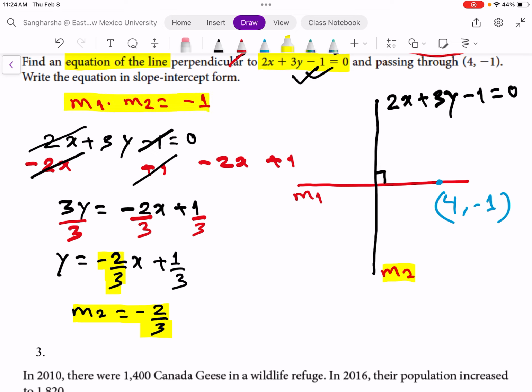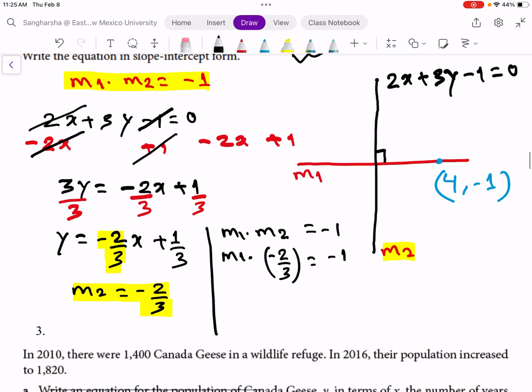Let's go back to m1 times m2. The product of the slopes of these two lines is always negative 1. We don't know the slope of the red line, but we know the slope of the black line, which is negative 2 over 3, so m1 times negative 2 over 3 equals negative 1.